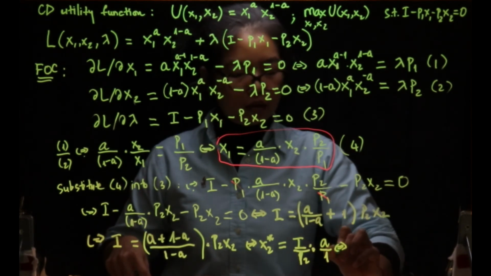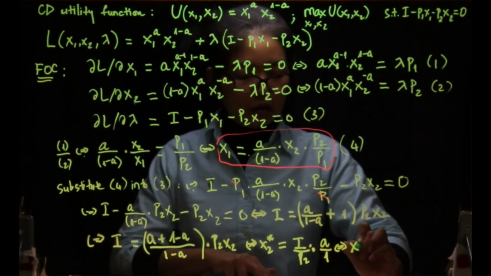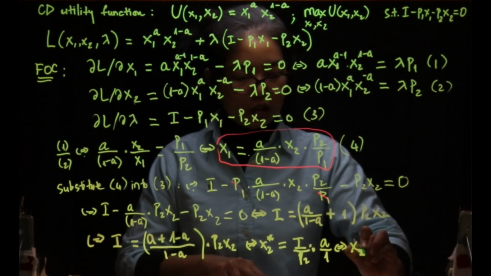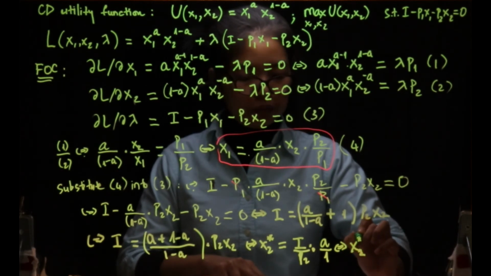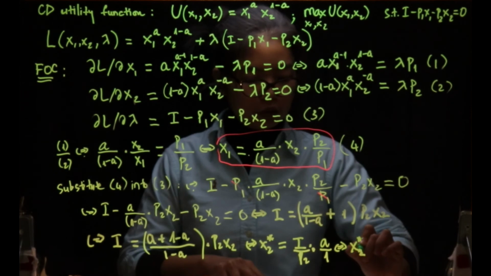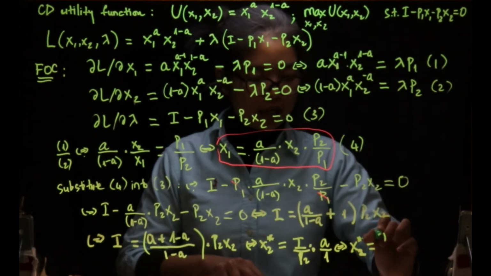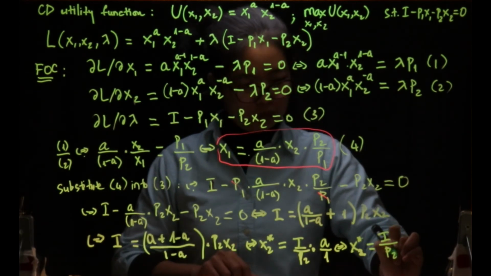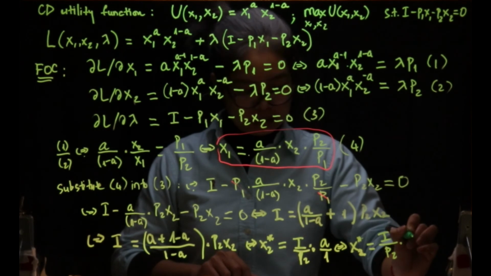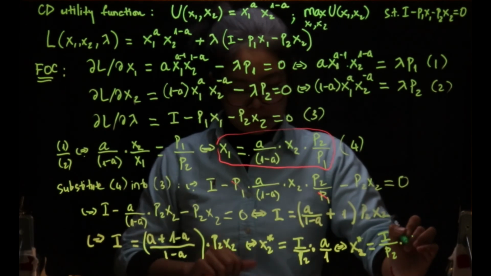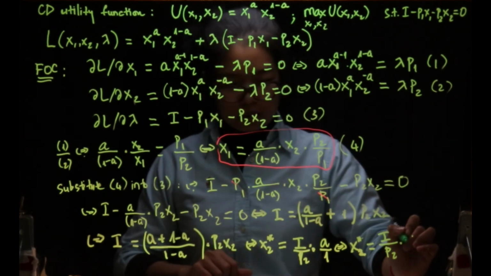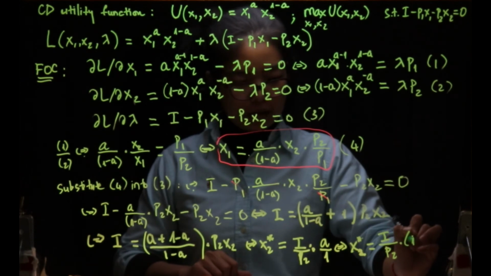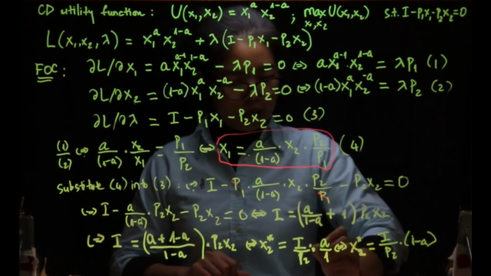That means your demand function of x2, which we denote x2 star, is I over p2 times 1 minus a. Sorry, I messed it up.